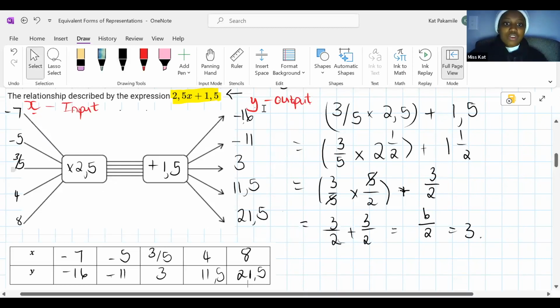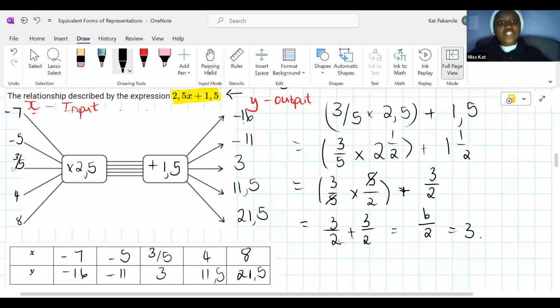Okay, guys, so if you look here carefully, you have represented one relationship as an expression there, 2.5x plus 1.5. You've represented it as a flow diagram, and you've represented it as a table. I saw someone ask, when are we doing graphs? In the next lesson, we'll be doing graphs.